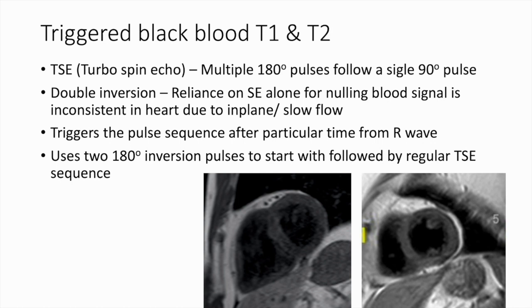Reliance on spin echo sequence alone for nulling of blood is inconsistent in heart due to in-plane flow and slow blood flow. So, a double inversion sequence uses two 180-degree inversion pulses, which is followed by a turbo-spin echo sequence. Here, the pulse sequence is triggered after a predefined time from an R wave.